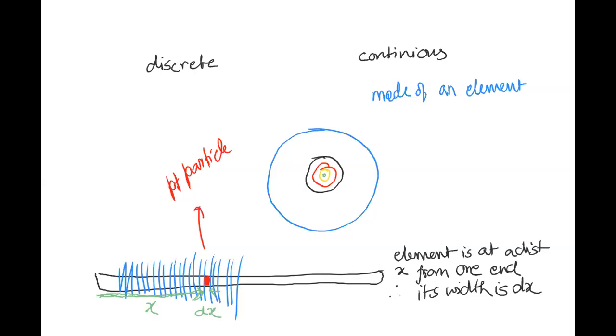Once you have converted a continuous system into a set of elements, and out of those set of elements you have chosen one, then you can apply whatever mechanics we have learned on that one guy.